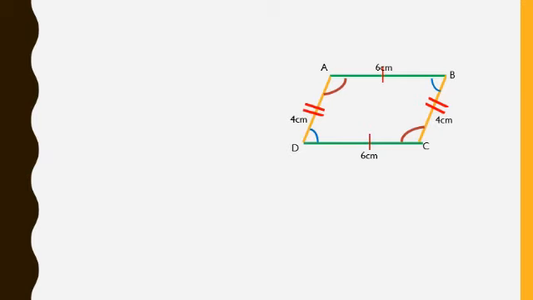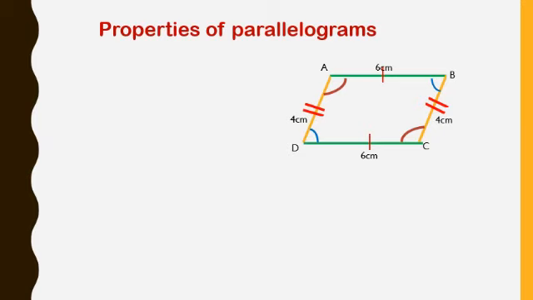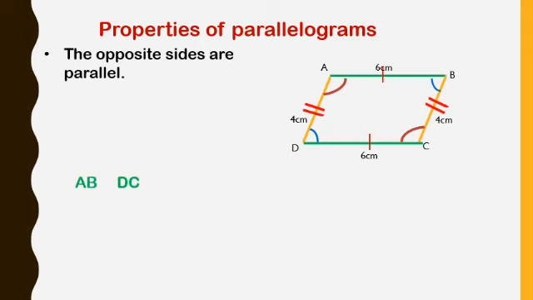Let us see more about parallelograms. Properties of parallelograms. First property: the opposite sides are parallel. Here in the given figure you can see AB and DC, these two sides are parallel. So AB parallel DC, and AD and BC are parallel.